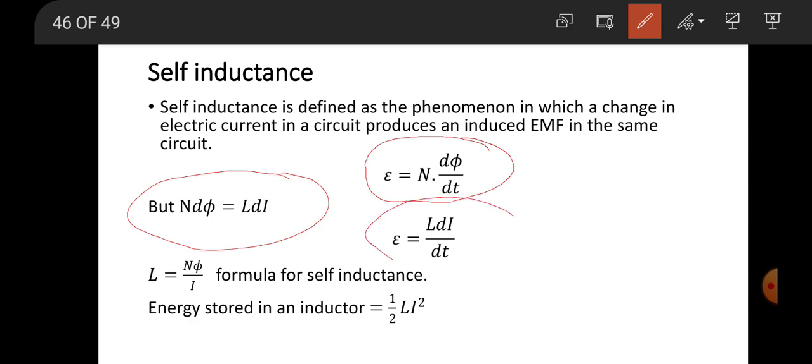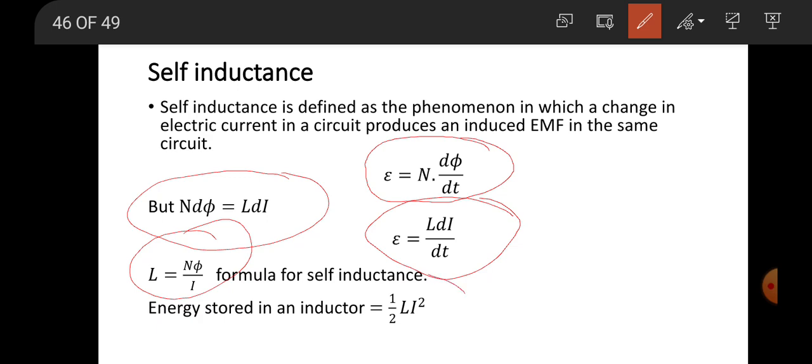So we can also say that EMF is L di over dt. From that, if we equate the two, it means that the inductance is number of turns times the magnetic flux, divided by current. We should note that.